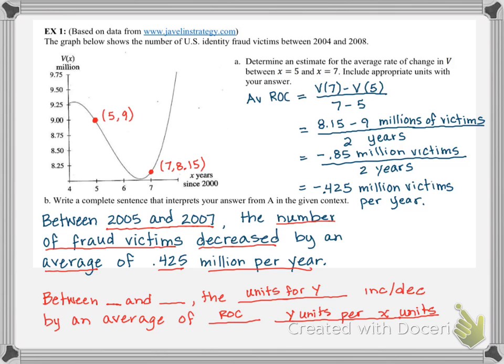So the wording's a little funky, but you guys get the drift, yeah? So like here, we put our x values into those two blanks. The units for y were the number of fraud victims. It was negative, so we chose decrease by an average of, our rate of change was 0.425, and then the y units is million victims, per x units is years. So far, so good?